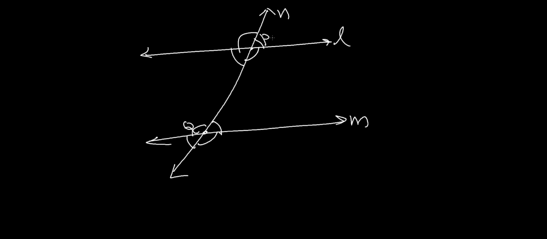If we just put the numbers on them, like this is 1, 2, 3, 4, then 5, 6, 7 and 8. So 8 angles are formed, and based on their position and their arms, we can divide them into the following categories.